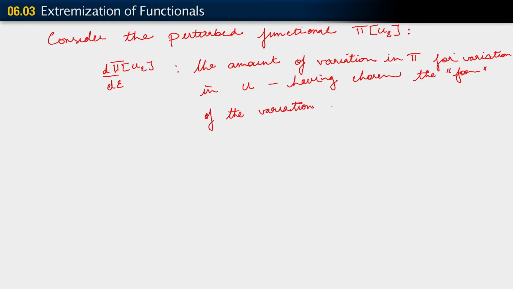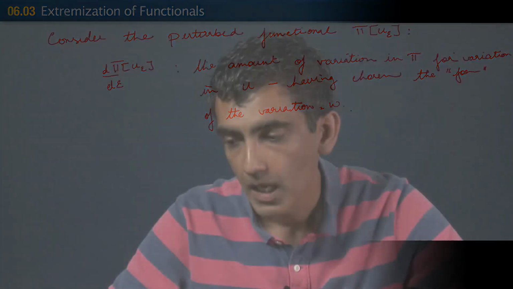And the form of the variation comes from W. Okay? So already, if you think about it, we're now getting close to this notion of, well, how much is pi changing with variations in our field, U.